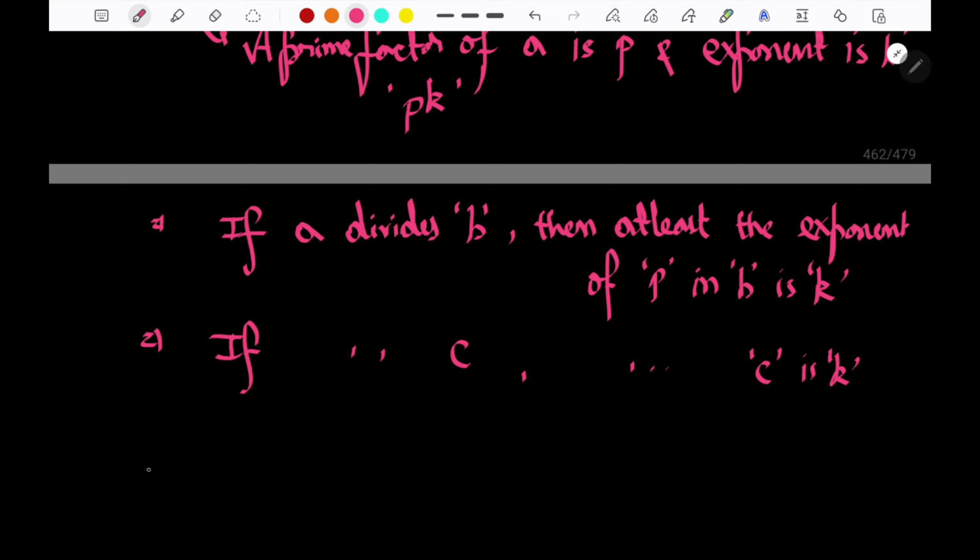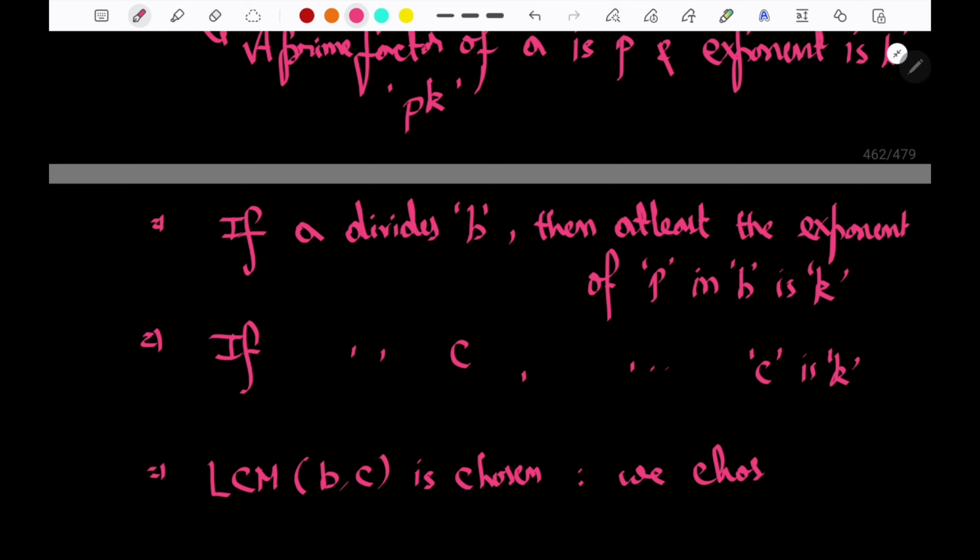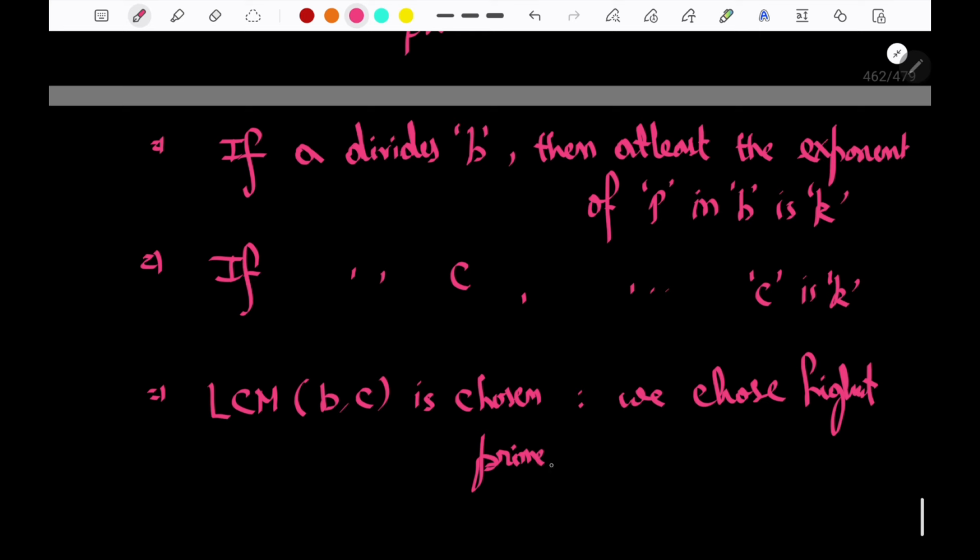Okay. Now, how do we find the LCM of B comma C? LCM of B comma C is chosen in such a way that we take the highest power of each prime factor in either B or C. So we choose the highest prime factors in either B or C. Done.